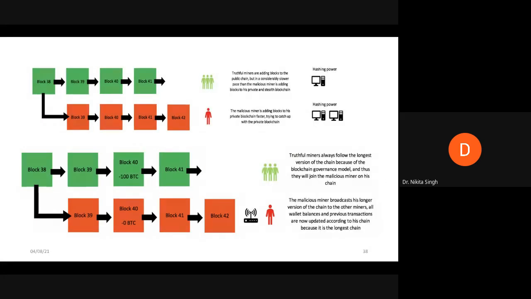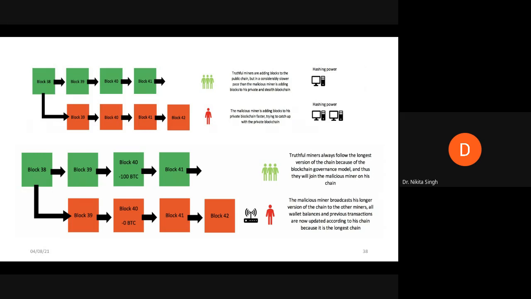Now, what happens is the truthful miners are adding blocks to the blockchain, but they are adding them at a considerably lower pace than the malicious miner. Also, the reason is that they have less hashing power. Why do they have less hashing power? Because they control only 49% of the blockchain, while this miner controls 51% of the blockchain.